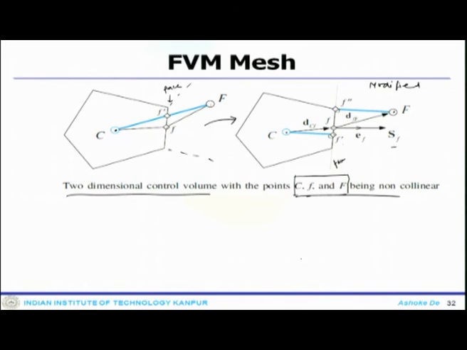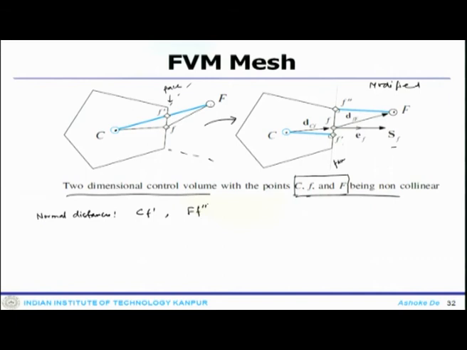In that case there are some normal distances: one is C f prime, for element C, and for the neighboring element F, the other normal is f double prime.